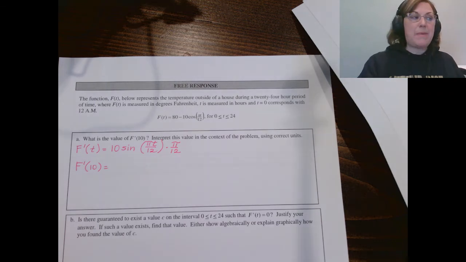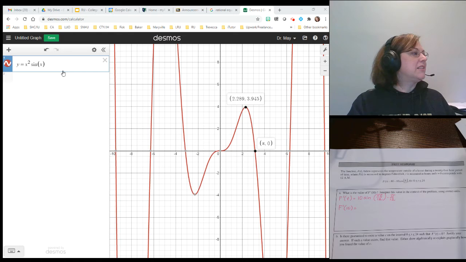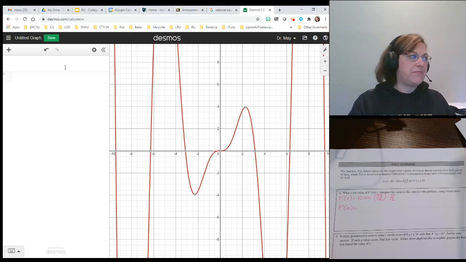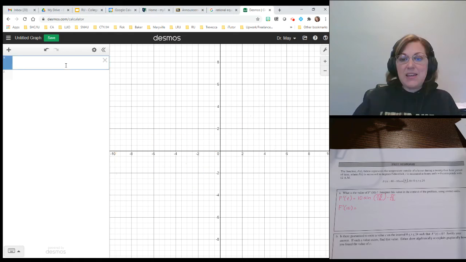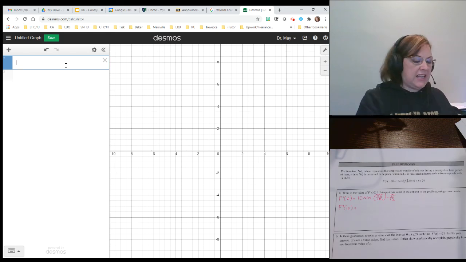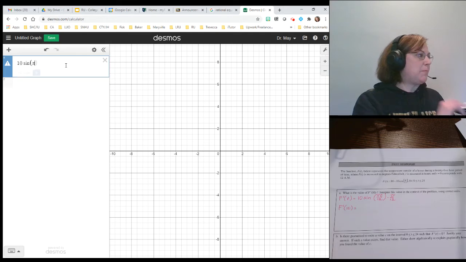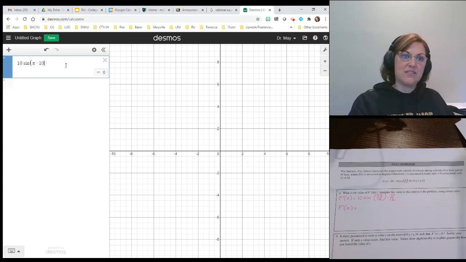So I'm going to go back to my Desmos graphing calculator. I'm going to clear out our last function, and I'm going to type in this function, but I'm going to put a 10 in place of t. So I've got 10 sine of, and then open your parentheses, pi times 10 divided by 12.